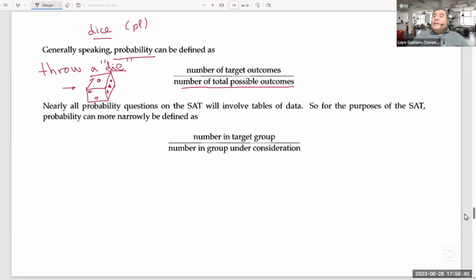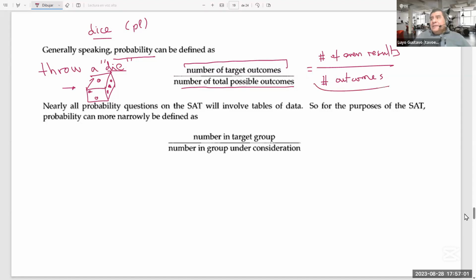We need to calculate the number of target outcomes, in this case the number of even results, divided by the total number of outcomes when you throw a die. This part is easy. We have just calculated it. According to the definition of throwing a die, it's just 6, the total outcomes.